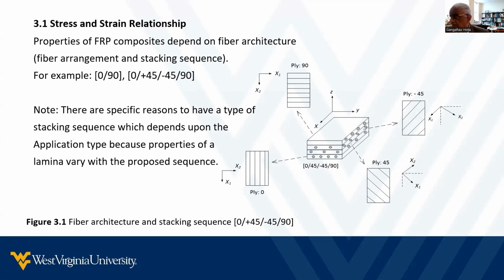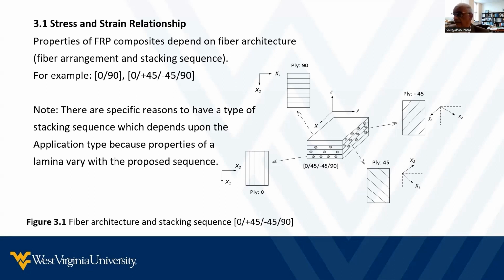The reason we need to have these different kinds of orientations is because in some elements of a member, we want to have high tensile strength in the longitudinal direction. In other elements of the member, we want fairly high shear strength in the web. That is, that element is the web, where we need fairly high shear strength, and we need high longitudinal tensile or compressive strength in the top flange and the bottom flange of a structural cross-sectional member.